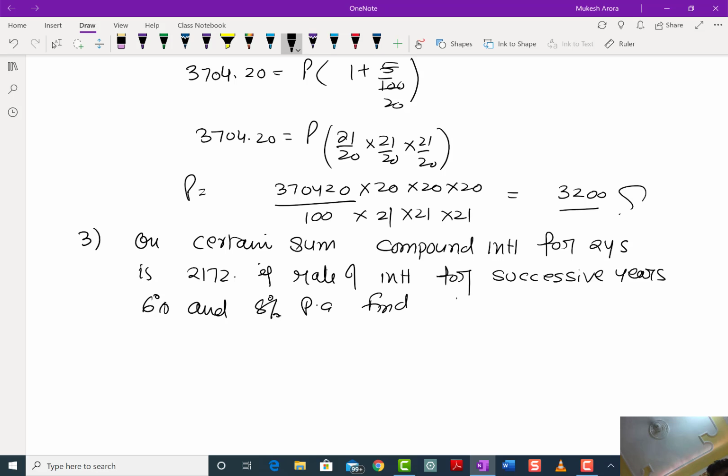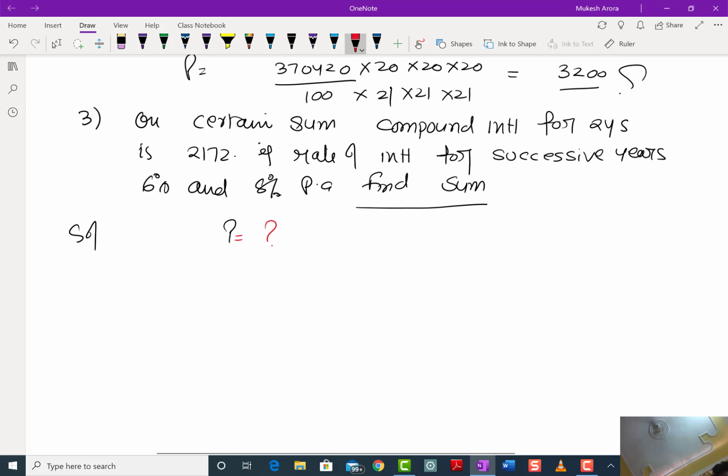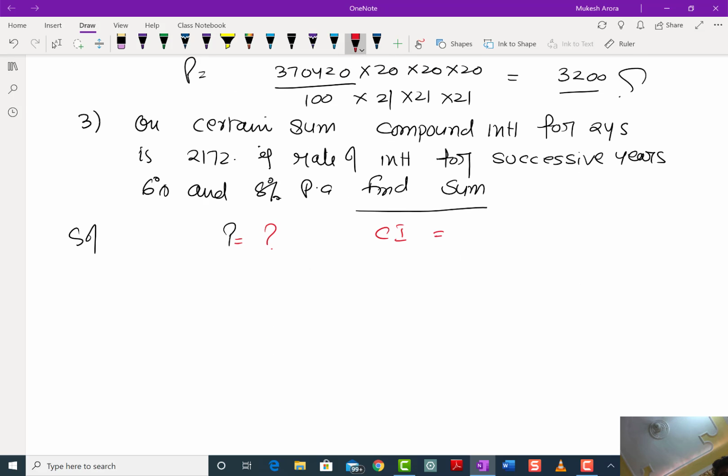Find the sum. Sum means we have to find the principal. Now the compound interest is given, 2172, and the rates are 6% and 8% and time is 2 years.